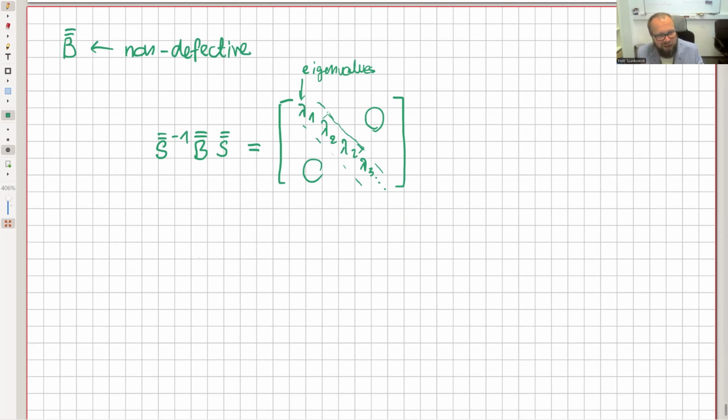In the case of the exponent, this is a very well-known result. You can write it in terms of a Taylor expansion: t^k over k factorial, and you take B to the power k.